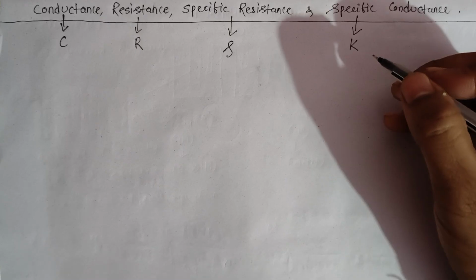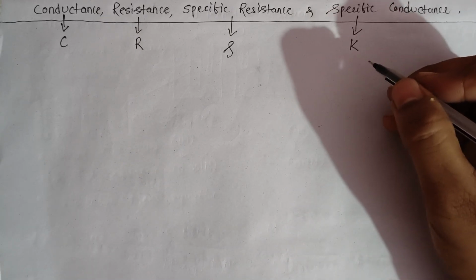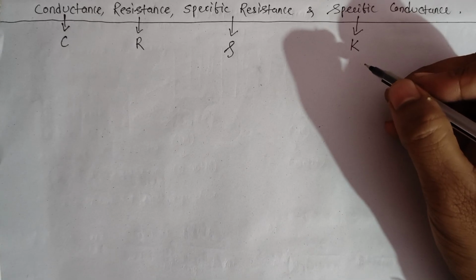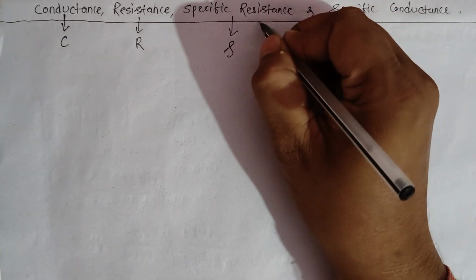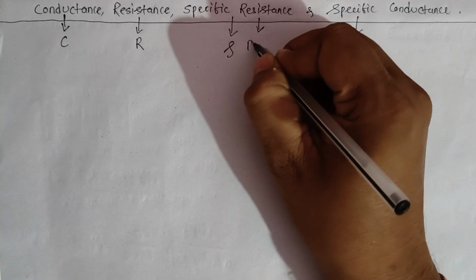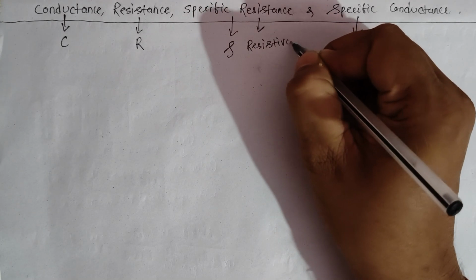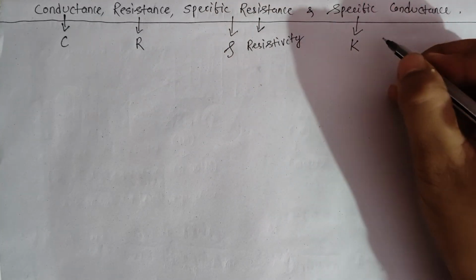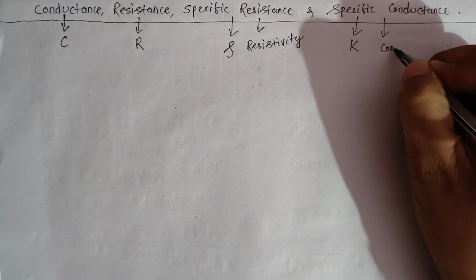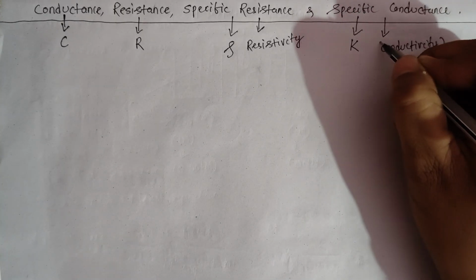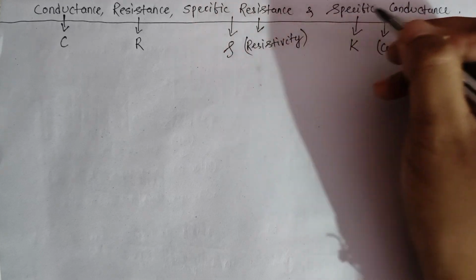So let us clearly understand what actually is conductance, what actually is resistance, then specific resistance. Specific resistance is also known as resistivity. Specific conductance is also known as conductivity. Simple, yes or no?